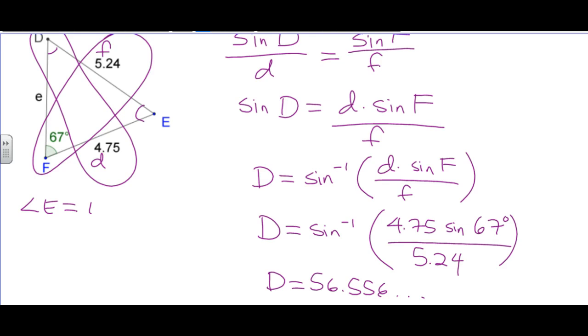So angle E is equal to 180 degrees minus the sum of 67 plus the 56.556 dot dot dot.